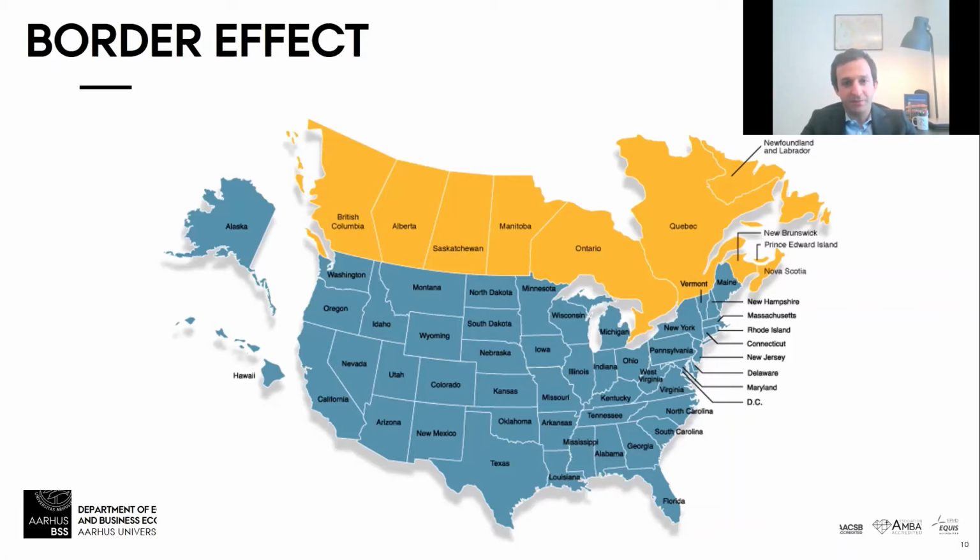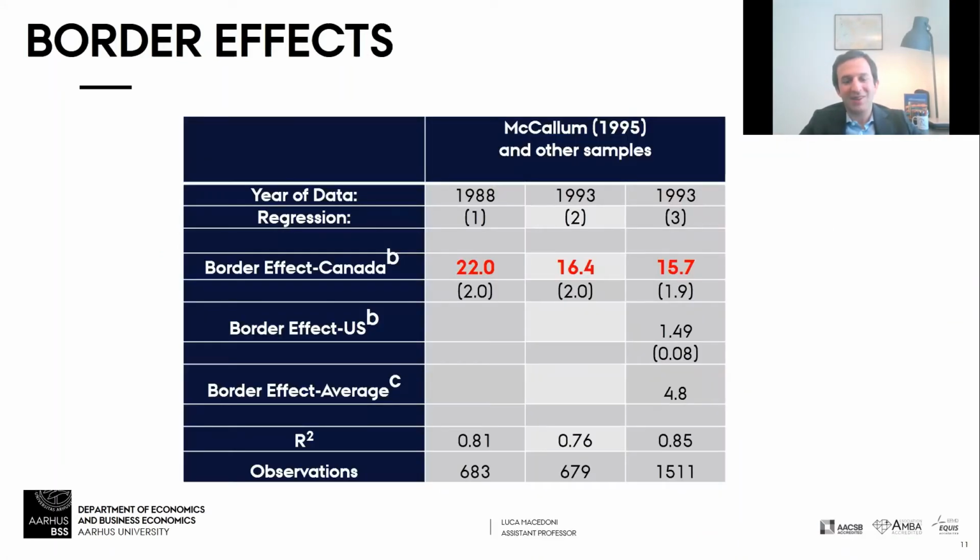Think of a number. Thought about it? Yes. You're probably wrong. Why you're wrong? Well, because the border effect is between 16 and 22. So the estimates of McCallum state that British Columbia trades 16 to 22 times more with Alberta than it does with the state of Washington.